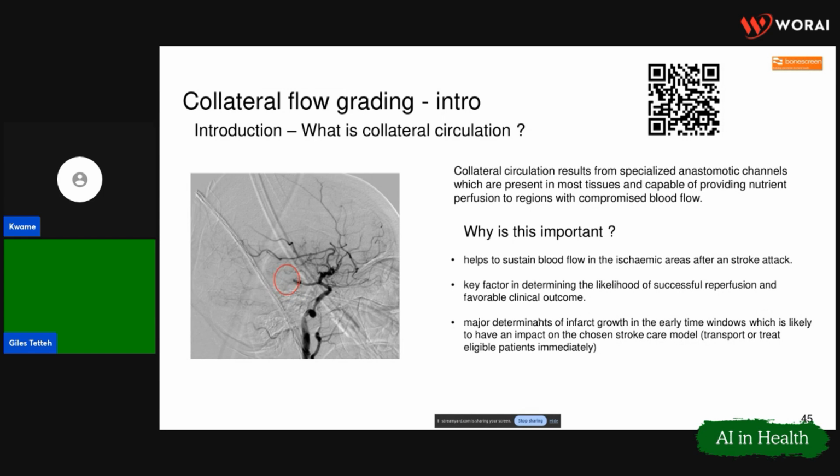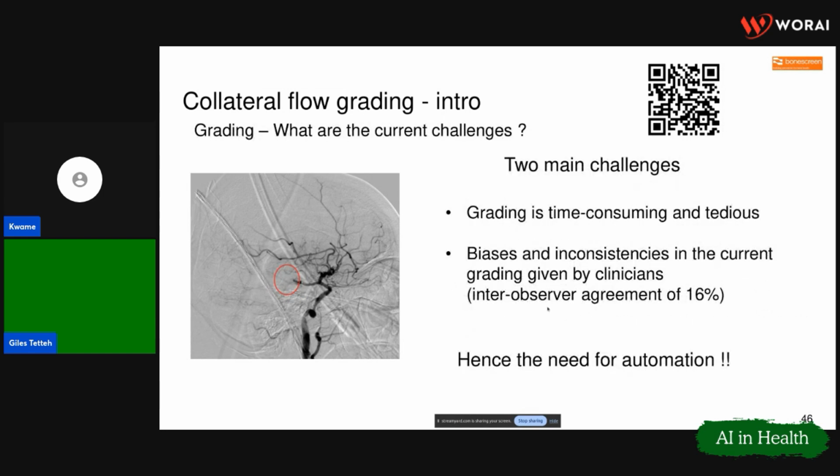Now, in normal clinical routine, when the patient comes in, they have to take these images, we call them DSA, digitally subtracted angiography. They have to do this imaging, and then a doctor needs to manually scan through the image and check whether the collateral flow is good or not.